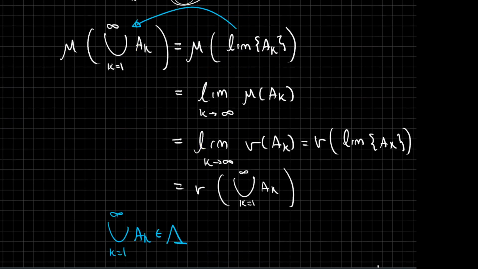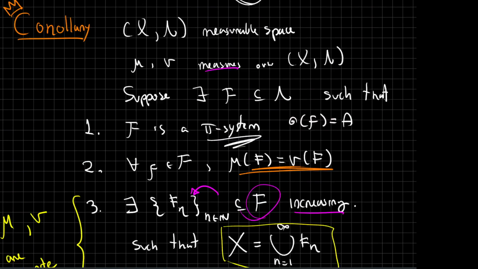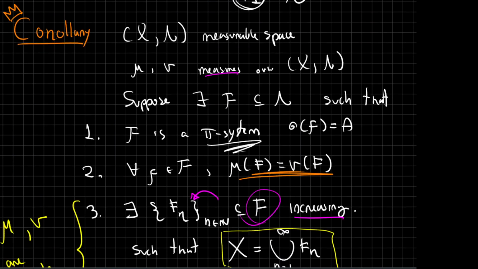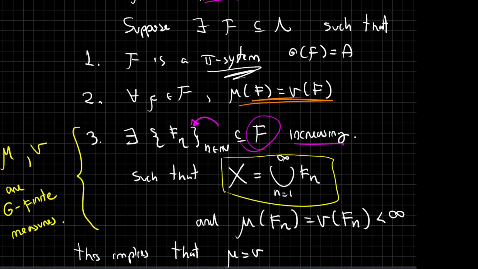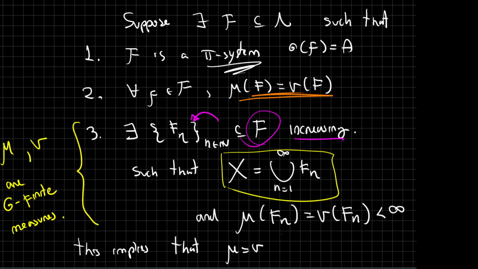So this is our first corollary, and the crown corollary generalizes that idea. Once again we have two measures, but now they can be finite or infinite, we don't care, and we have once again a pi system inside of the sigma algebra, such that the sigma algebra is the sigma algebra generated by that pi system, and inside of that pi system the measures coincide, which could be a finite or infinite value.